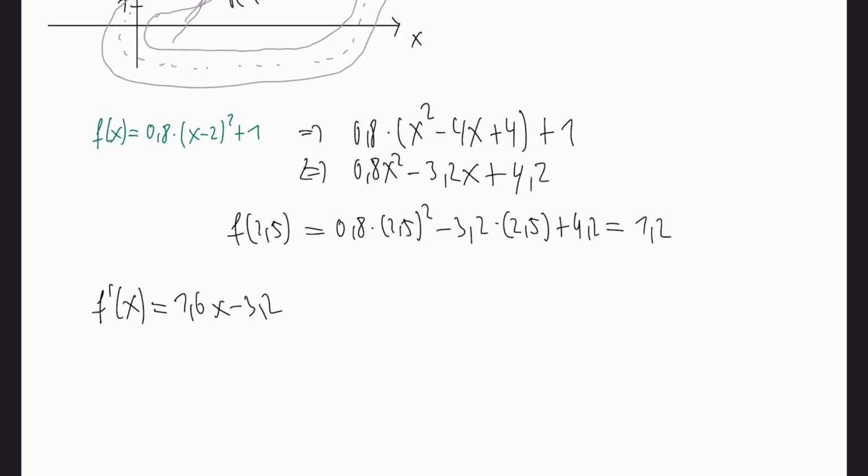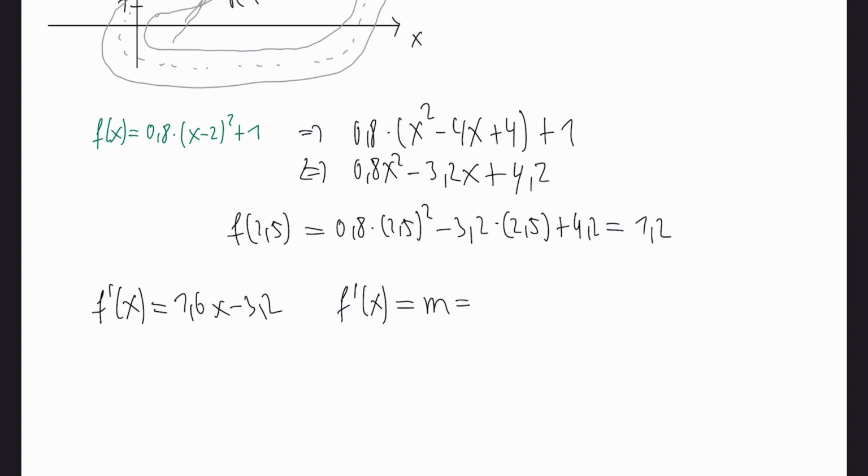So now we plug in the point: f prime of 2.5 equals 1.6 times 2.5 minus 3.2. m is the gradient.